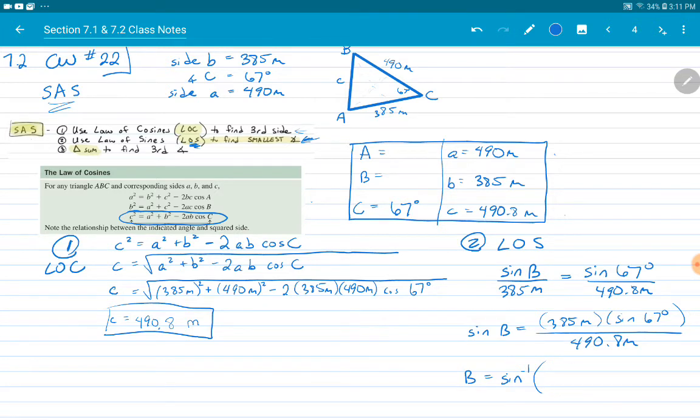I'm going to take off the units now because I already saw that they cancel out, but I'll keep the degree in there, because I don't want to forget to have my calculator in degree mode.